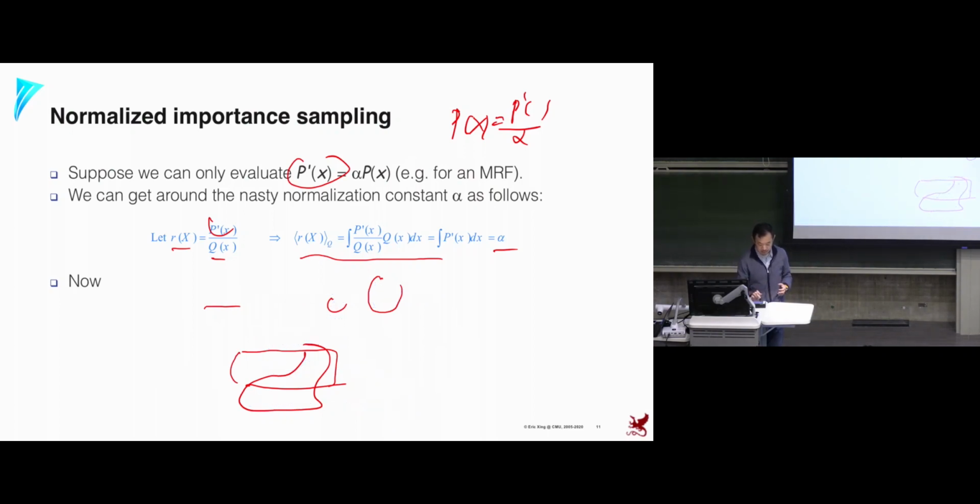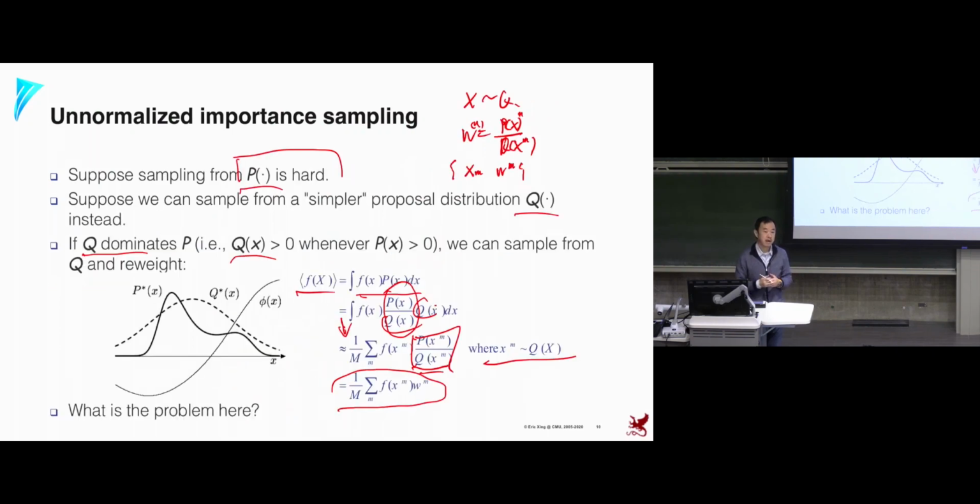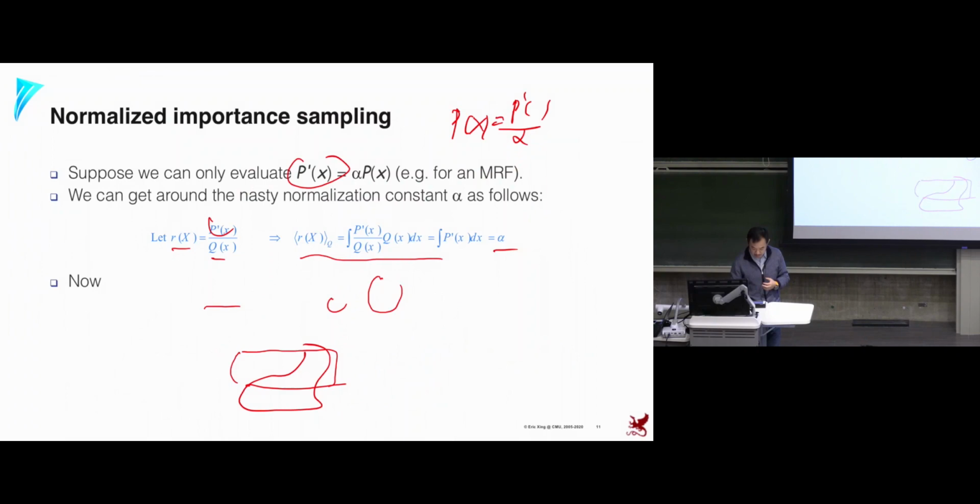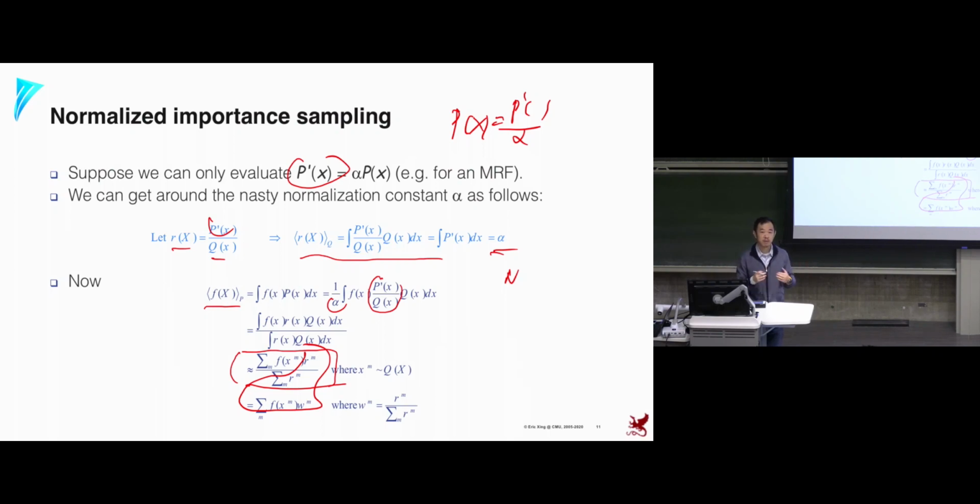So procedurally, you need to do something a little bit differently. In the previous one, the unnormalized version is a typical online algorithm because every weight is available the moment you sample the example. But this normalization constant is available only when you sample enough and decide to use them for the normalization. Therefore, you first choose n, the number of samples that you want to use, and then you sample x_1 all the way to x_n.